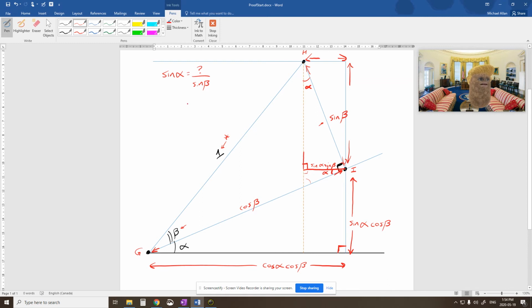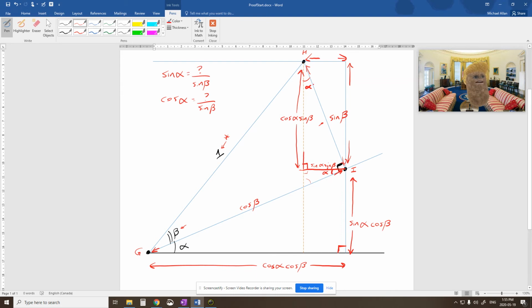Okay. Then I'm going to do the same thing with the cos. I'm going to go cos alpha is equal to question mark over sine beta. Rearrange that, and I'm going to get this piece here, cos alpha sine beta. That's going to be this distance from here to there, just to there, not all the way down to that line.